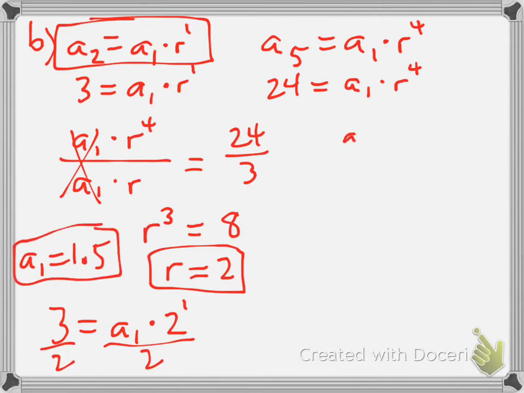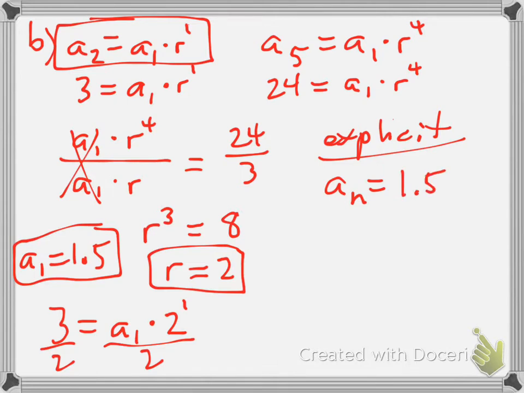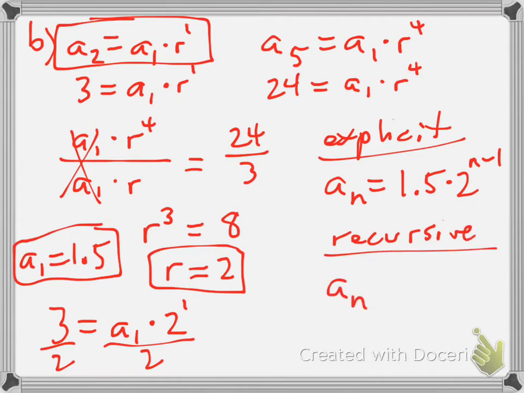So your explicit formula for a geometric sequence is a sub n equals 1.5 times 2, the common ratio, to the n minus 1. Your recursive is simply a sub n equals 2, the common ratio, times a sub n minus 1.